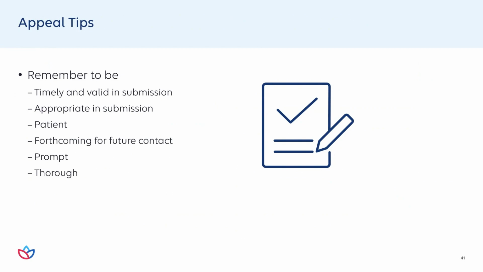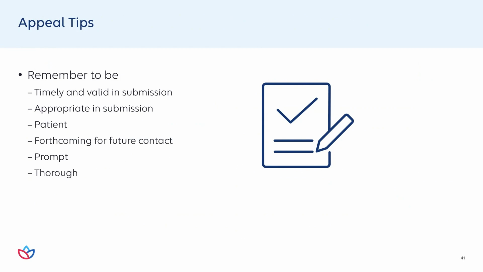Be forthcoming for future contact, meaning include that point of contact that we discussed, because if there's something fairly small and insignificant that we can reach out to you about to get documentation to support your appeal, we want to do so. Rather than upholding your appeal, we want to be able to overturn it for you. So make sure you include a valid point of contact.